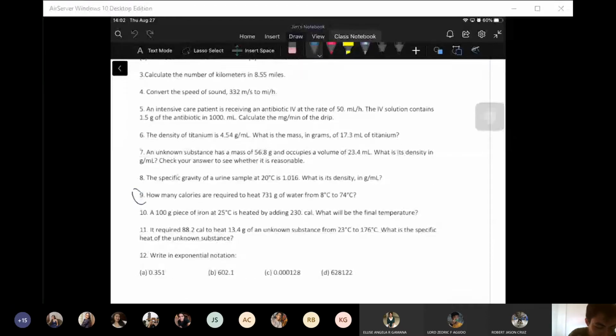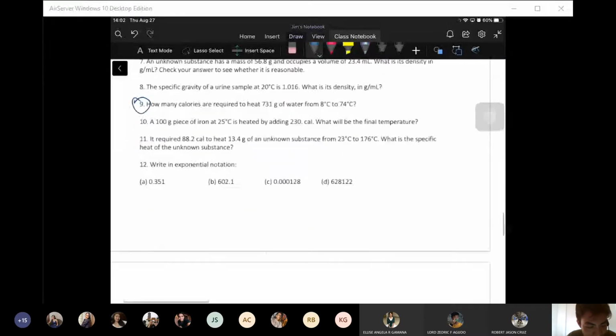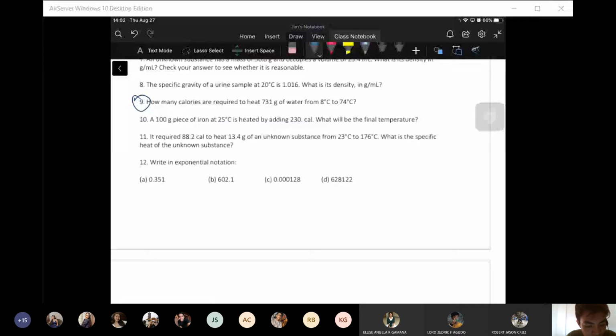Let's try number 9. Take down a note. For number 9: how many calories are required to heat 731 grams of water from 8 degrees Celsius to 74 degrees Celsius?